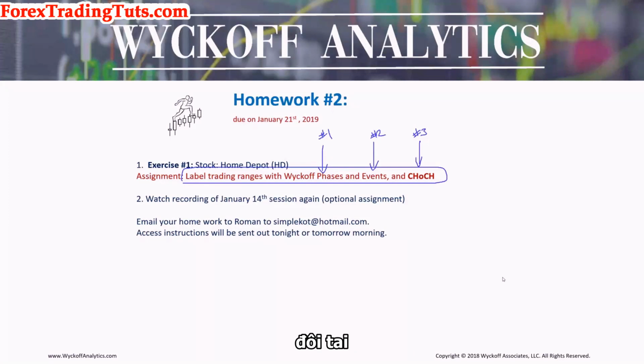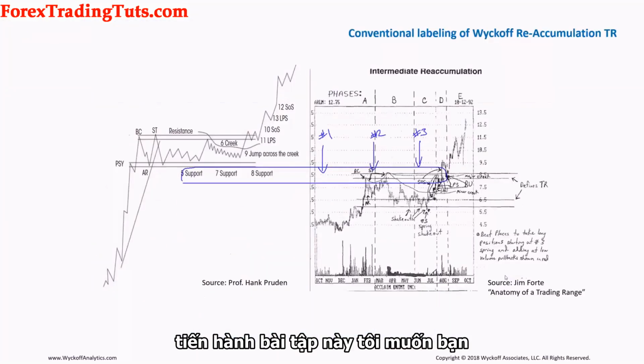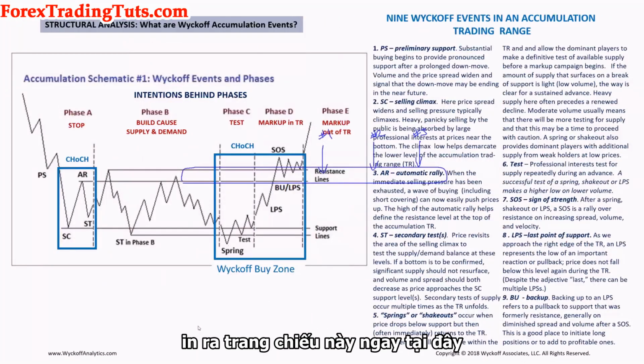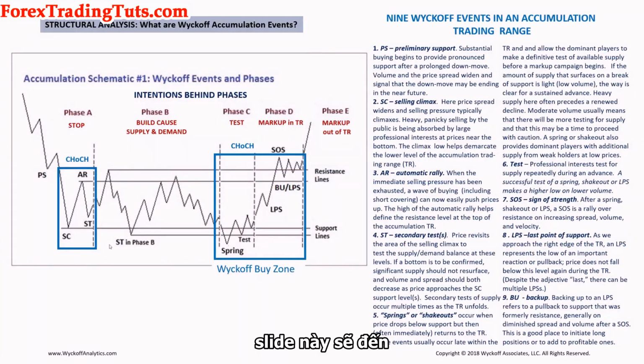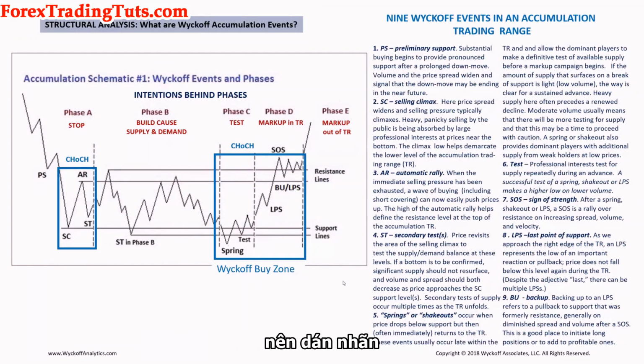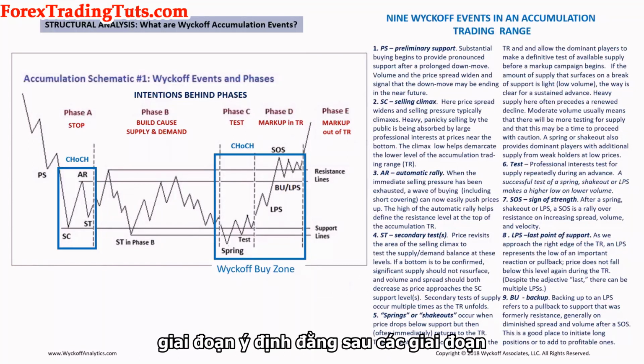For the ease of conducting this exercise, I want you to print out this slide right here. This slide is going to show you the template with which you should label. It's going to identify for you the sequence of Wyckoff events, sequence of phases, intentions behind the phases, characteristics of all of the Wyckoff events in the consolidation.